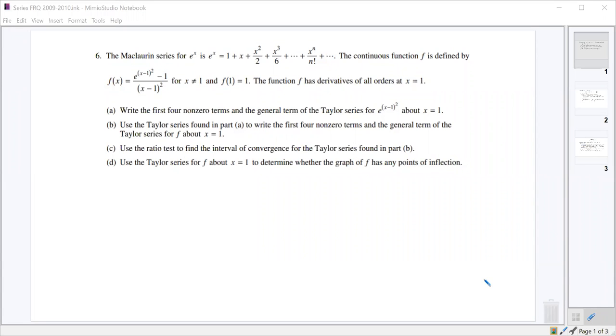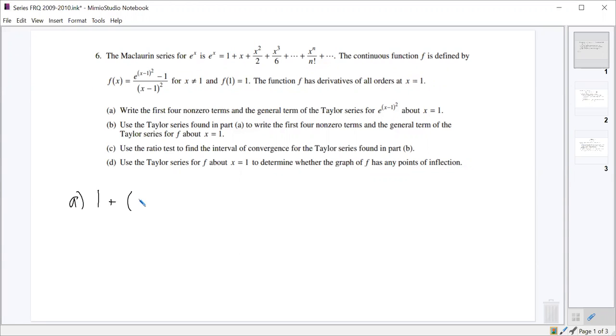So in order to write out e to the (x minus 1) squared, we just have to take our series for e to the x, and what do we replace the x's with? We should replace them all with (x minus 1) squared. So the first term of e to the x was 1. If I replace all the x's in 1 with something, I still just get 1, right? Second term, I should be replacing the x with (x minus 1) squared.